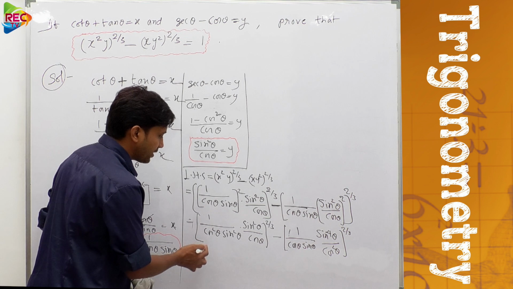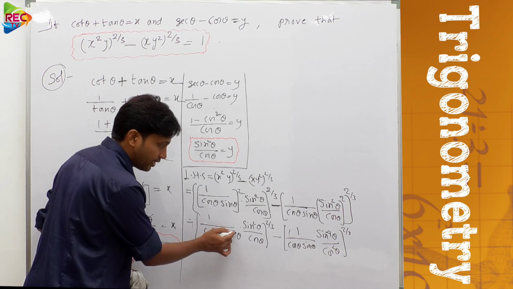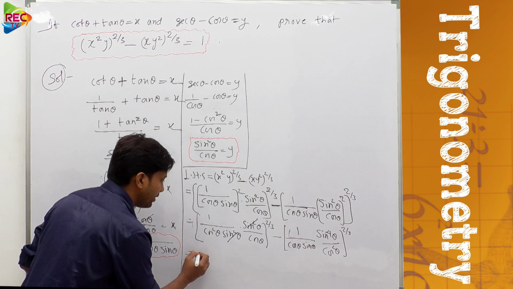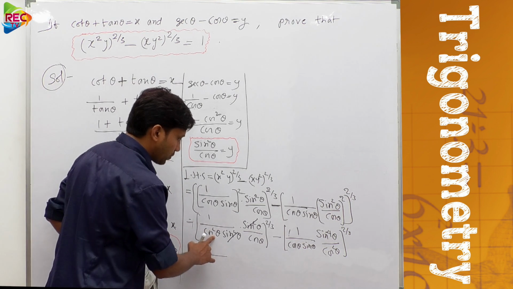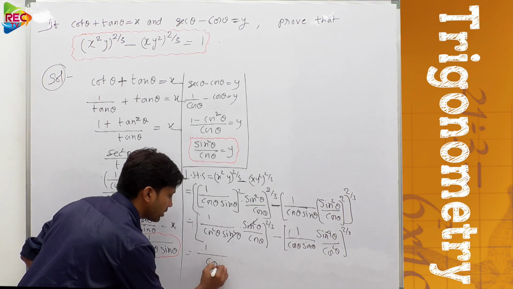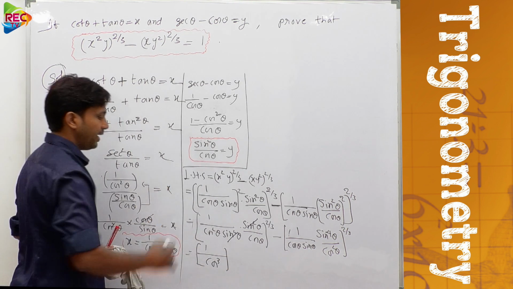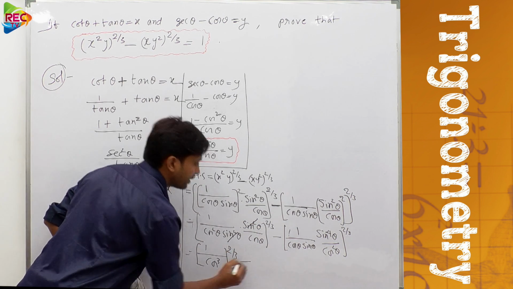Now we may do the simplification further. What is the further simplification over here? Here the denominator part has sin square theta and the numerator part also. We can cancel that. Now what is left over here? Tell me. 1 by cos square theta into cos theta, 1 by cos cube theta, which is left over here. 1 by cos cube theta whole to the power of 2 by 3, minus.